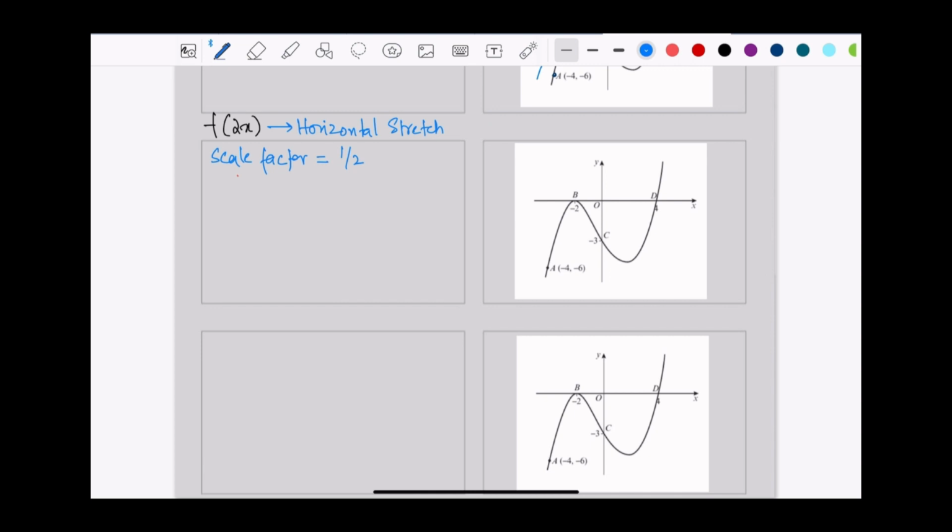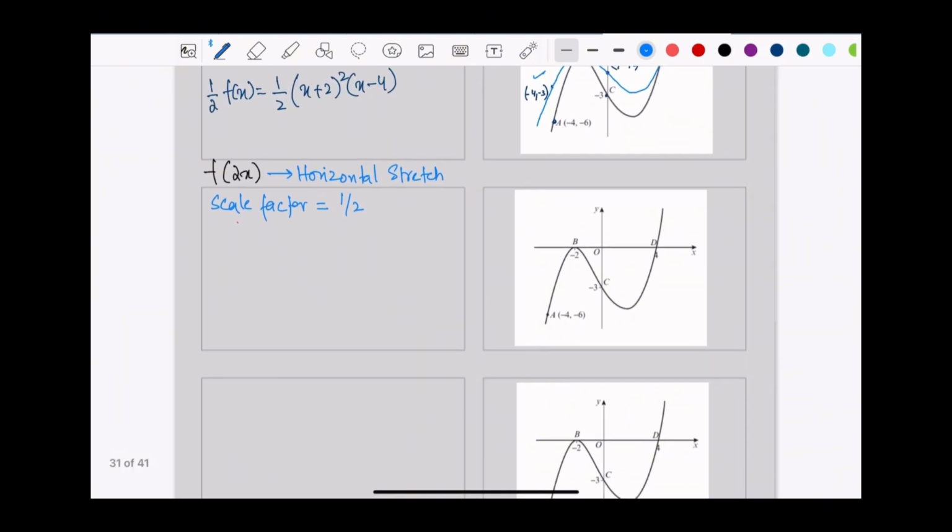If I have to write the syntax, which was f of x initially, now if I say f of 2x, this means instead of x I replace it with 2x: 2x plus 2 whole squared times 2x minus 4.